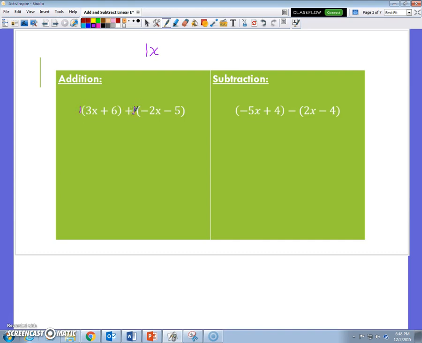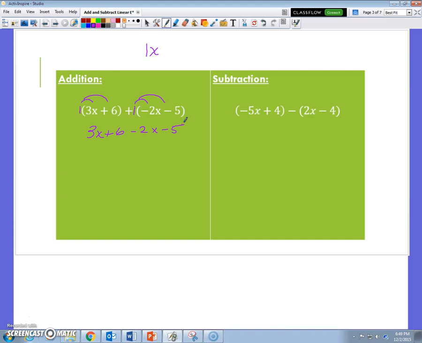The reason I don't write it is because when you distribute a 1 into everything, it doesn't change what it's worth, 3x plus 6. And when you distribute a 1 into everything, once again, it doesn't really change anything. Negative 2x minus 5, it's all the same as what was there before, except for now there's no parentheses. And so that's how you get rid of parentheses. You distribute. Okay, so they're not necessary anymore.